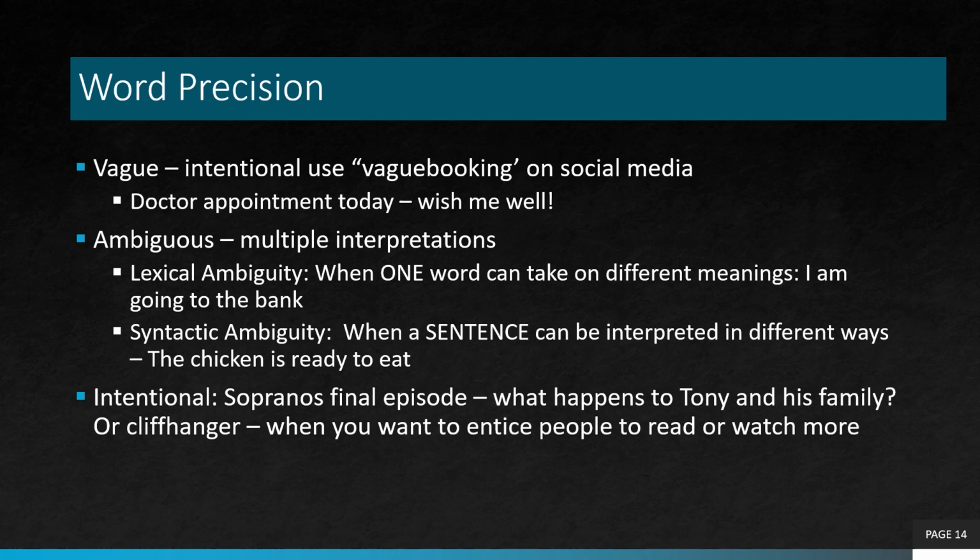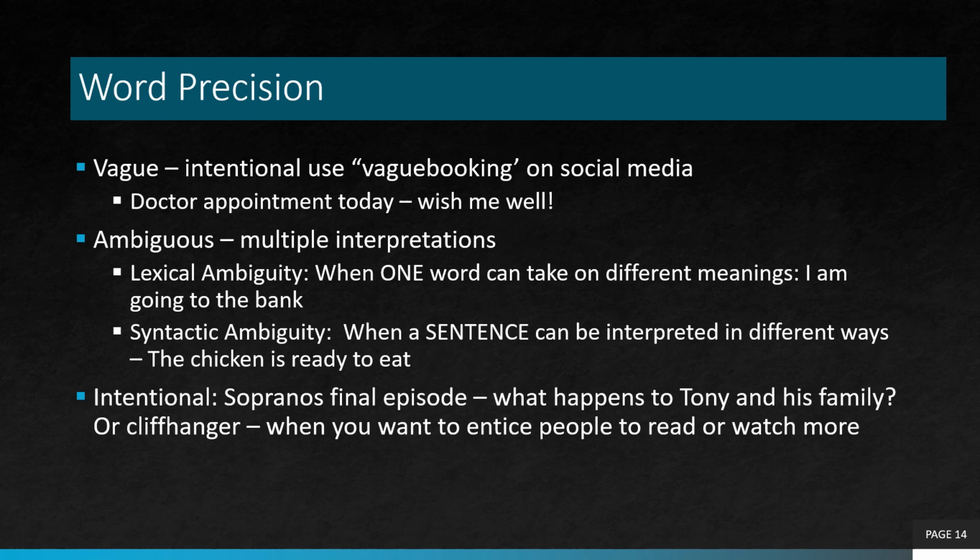Then we have ambiguous words, which can have multiple interpretations. Lexical ambiguity is when one word can take on different meanings. I am going to the bank, right? Well, I am going to a financial institution, or I'm going to the bank of the river. That one word really doesn't give me enough information to decipher what it is that you're going to be doing.